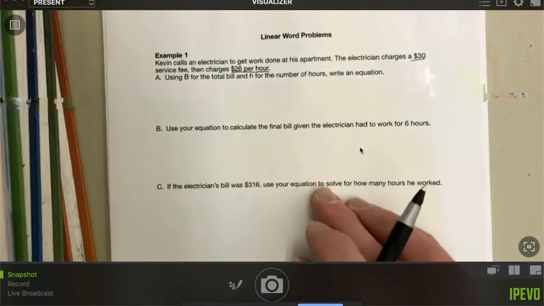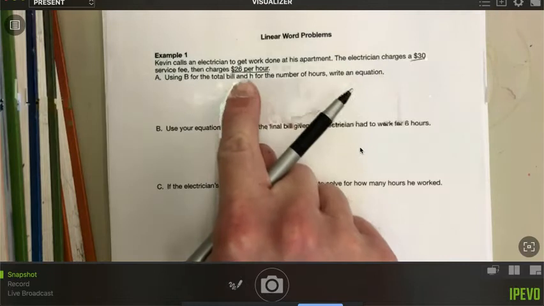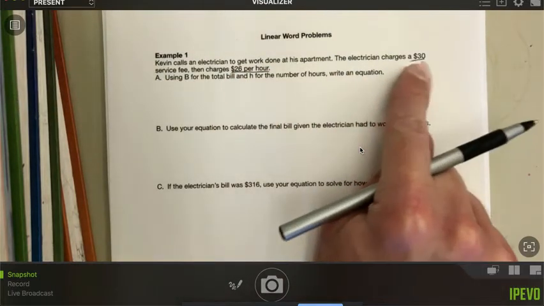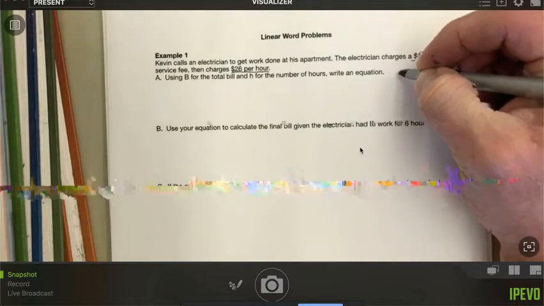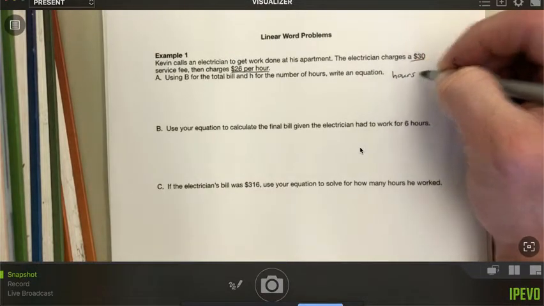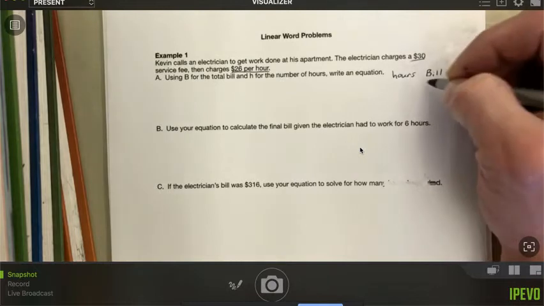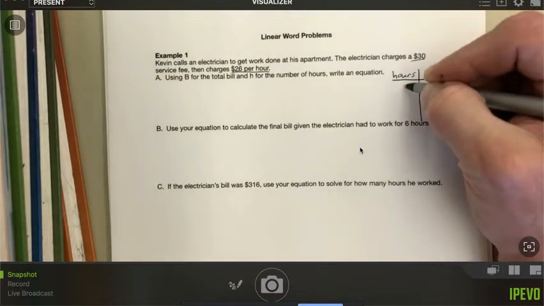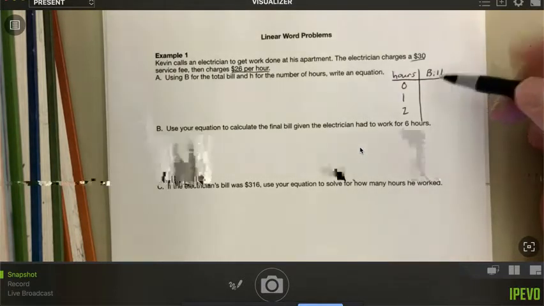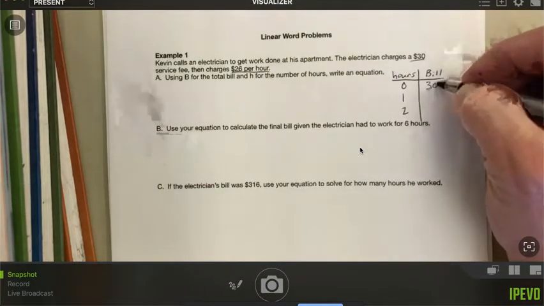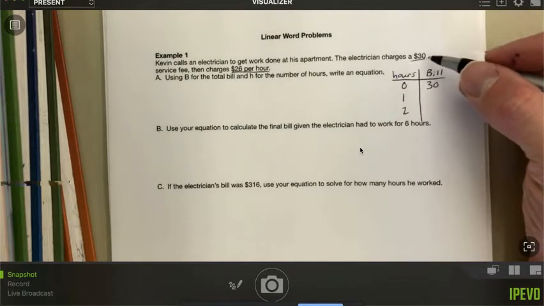In this case, I think my bill is going to depend on how many hours he works plus his service fee. So if I create a really short table here: 0 hours, 1 hour, 2 hours, and so on. The bill, even if they don't work, is going to be $30 because of the service fee.